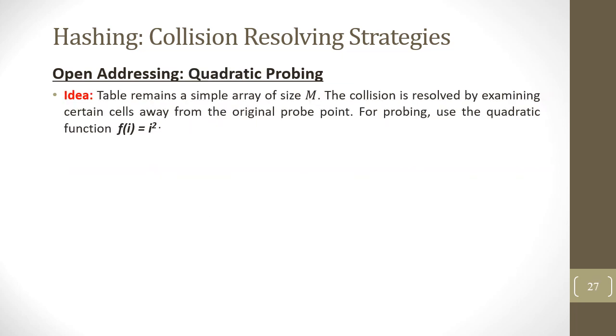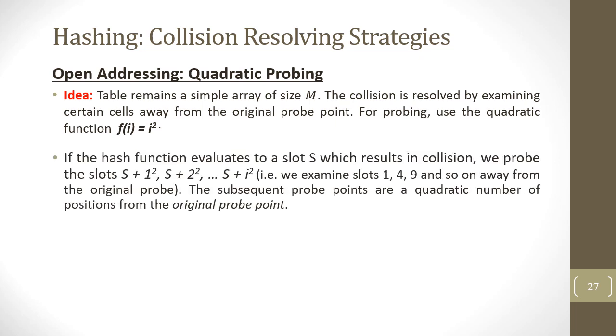For quadratic probing, the collision is resolved by examining certain cells away from the original probe point. For that, we use quadratic function of i squared. If the hash function evaluates to a slot S, which results in a collision, we probe the slot S plus 1 squared, then S plus 2 squared, and so on.